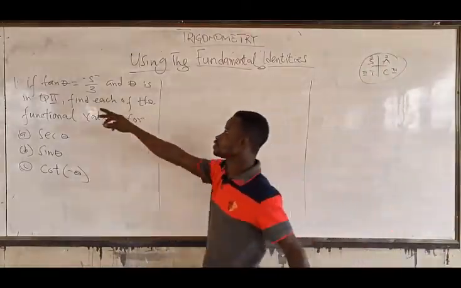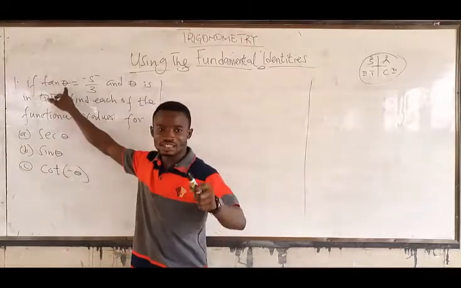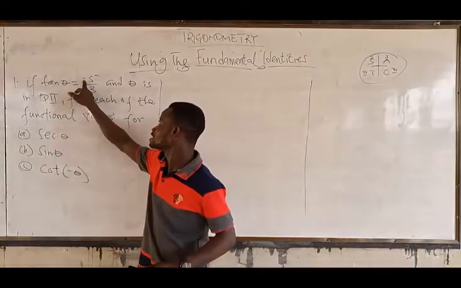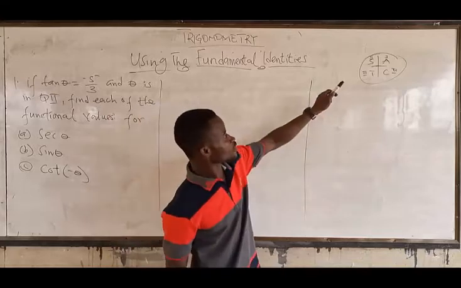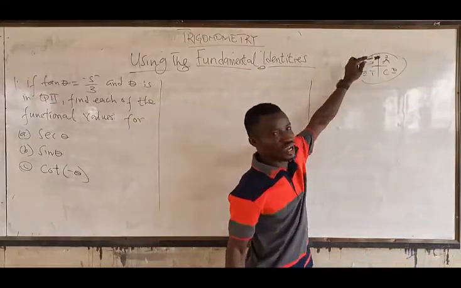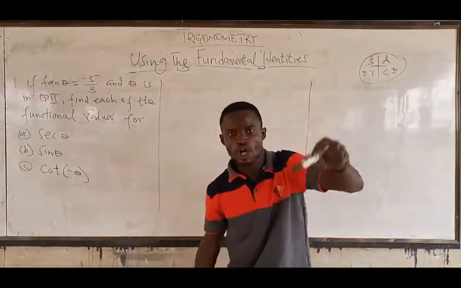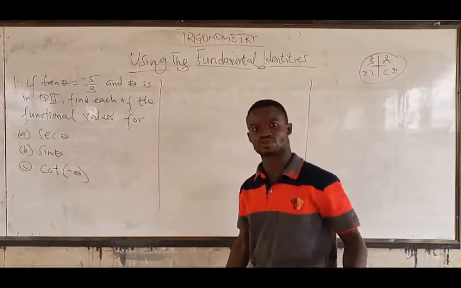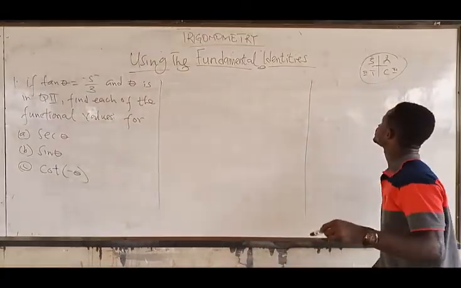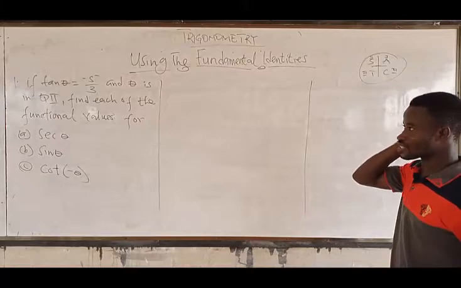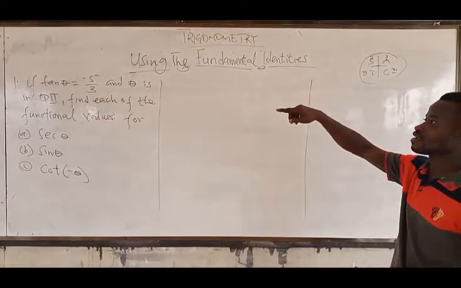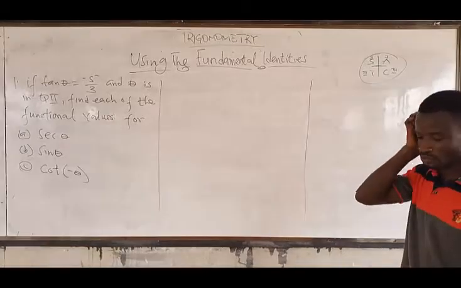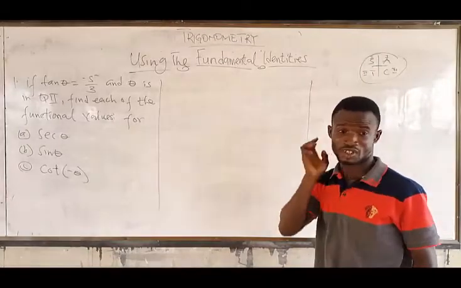Therefore, for you to be given tan, know that tan is equal to negative 5/3. And that is why on the second quadrant, tan is negative, cos too will be negative. So for sine, it's going to be positive. So that's why tan theta is negative 5/3.